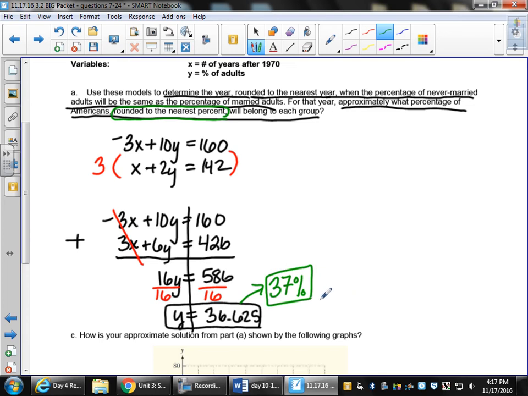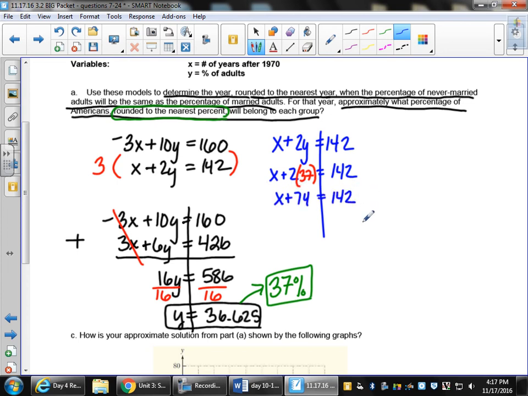I have y. I need to go solve for x. So I choose to substitute into the second equation. X plus 2y equals 142. This becomes x plus 2 times 37 equals 142. 37 times 2 is 74, so this becomes x plus 74 equals 142.